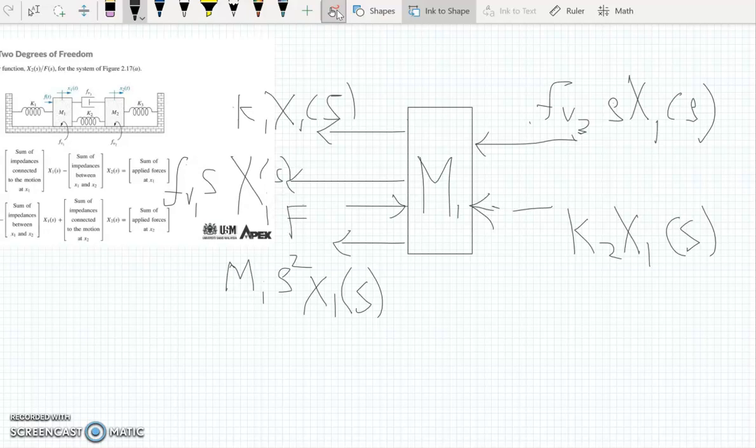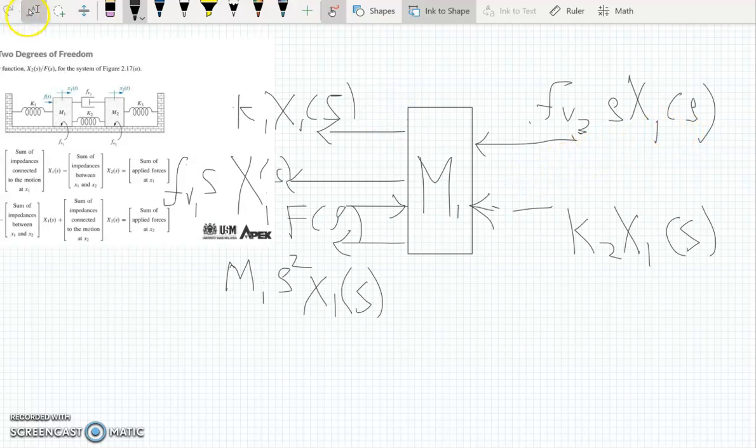So all of these are the forces on M1 due only to the motion of M1. You could see that it's x1 s, x1 s, x1 s, x1 s, and x1 s, because it's only due to the motion of M1.